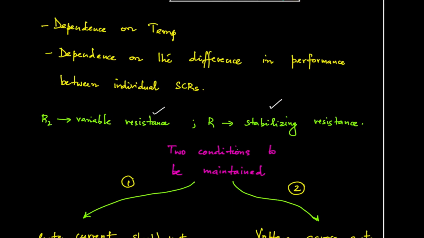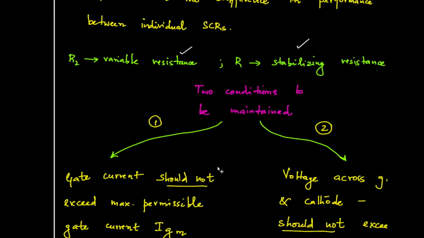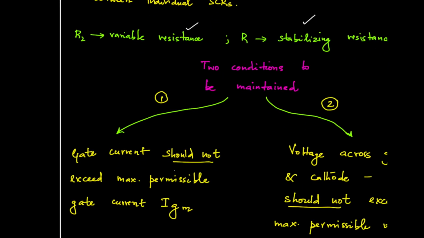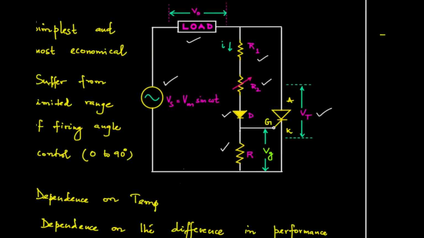Now, the two conditions that need to be maintained are these. First one is that the gate current should not exceed the maximum permissible gate current IGM. The gate current is the current that is flowing from the source through the resistance and through the gate in this manner.